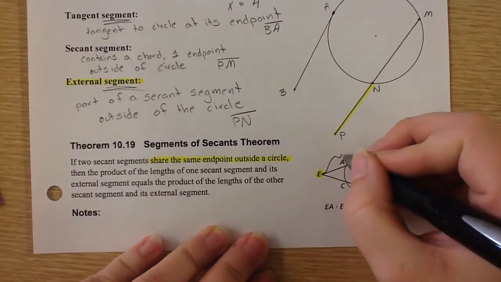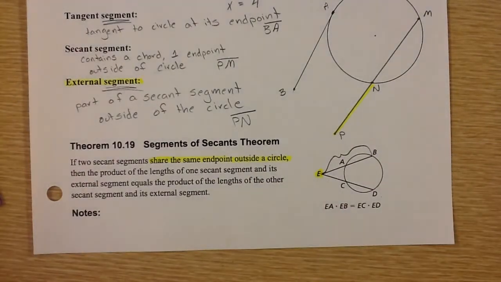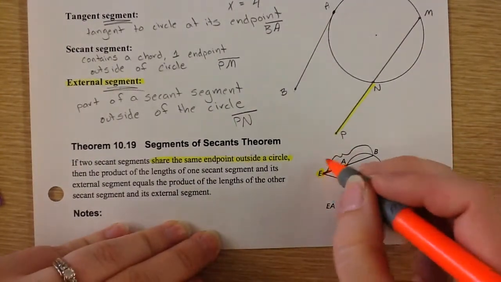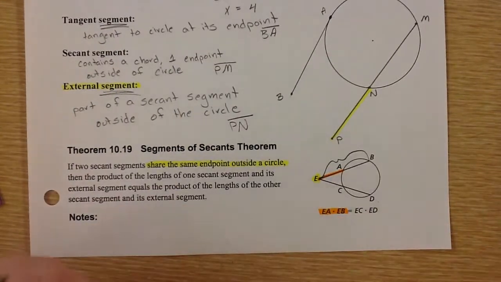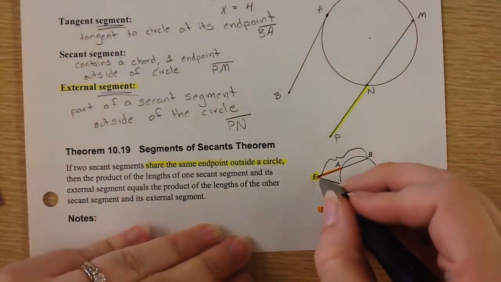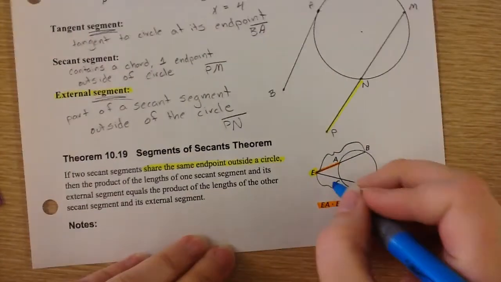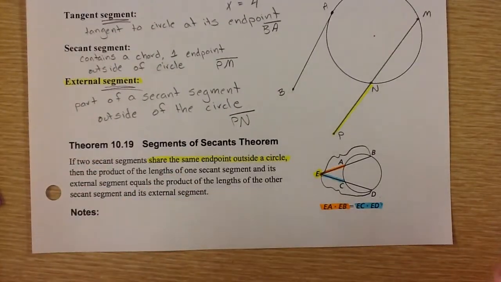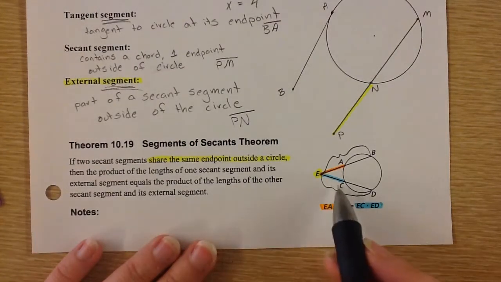If I take the whole length, EB, times the external part, EA, the whole thing times the outside part, will equal the whole thing, ED, times the outside part of the other. So the whole segment times the external segment equals the whole segment times the external segment.